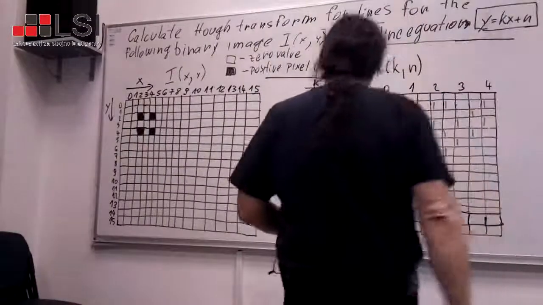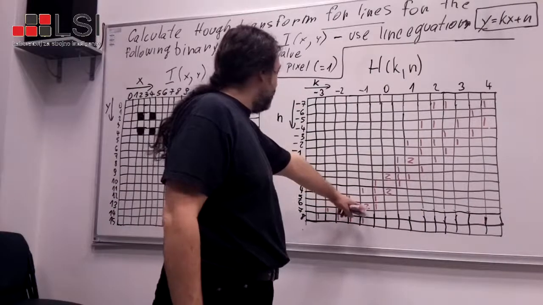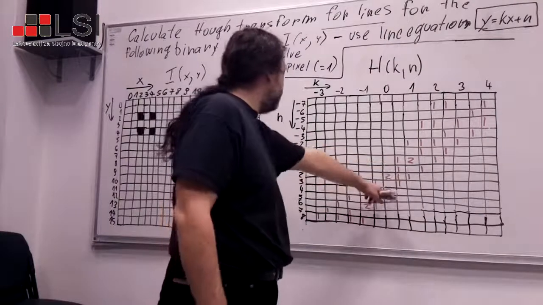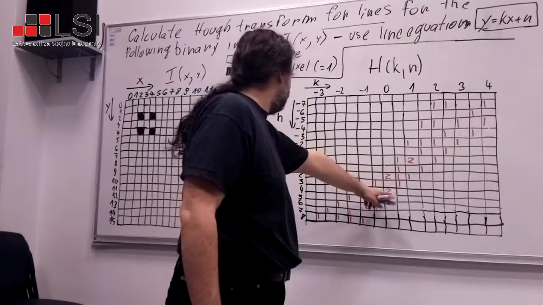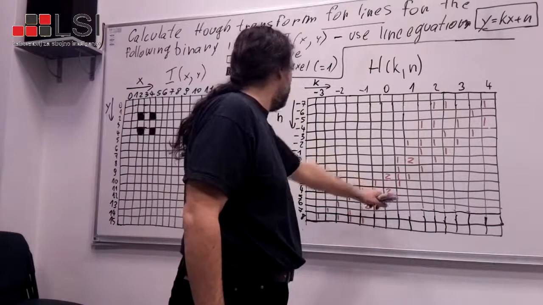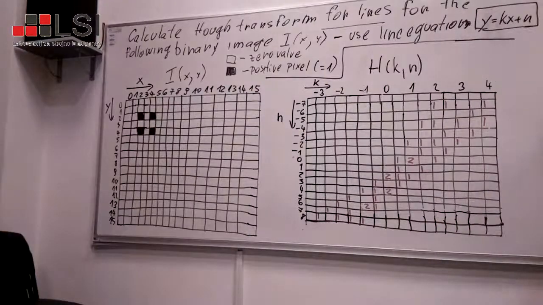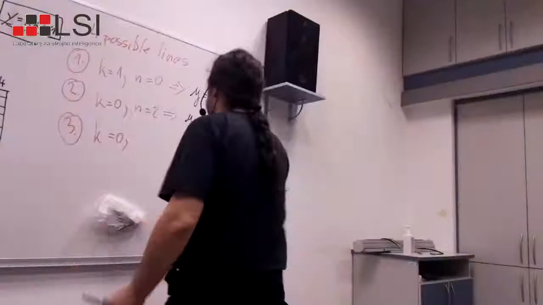The third one is, oh no, we have one more here. The third one is k is 0 and n is 4.